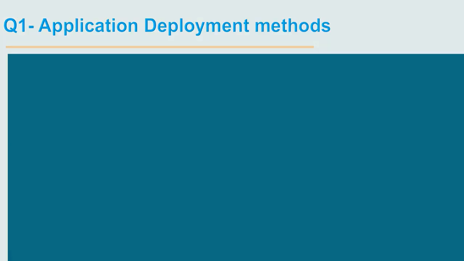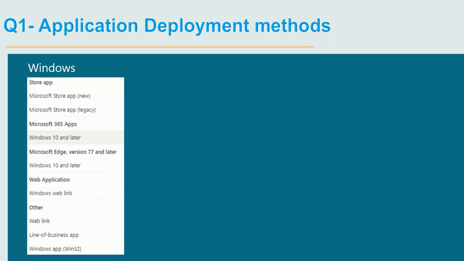So now here is question number 1, application deployment methods. If we talk about Windows, we use certain methods to deploy the app, but here are the two most popular features: Windows app Win32 and line of business. So these are the two methods majorly used to deploy applications in Windows.